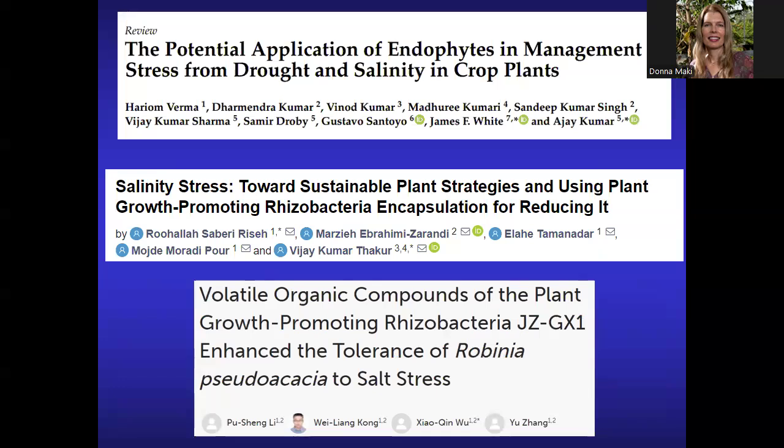I just wanted to bring up the point that we've been talking a lot about remediation. We think about plants being able to remediate, and the associated microbes in the soil. Don't forget about the endophytes, because they are also being shown to be good remediators. Here are titles of 3 different published papers looking at the use of endophytes for really salty soil or droughty soil. Again, this idea is that the endophytes help the plant adapt to these conditions.